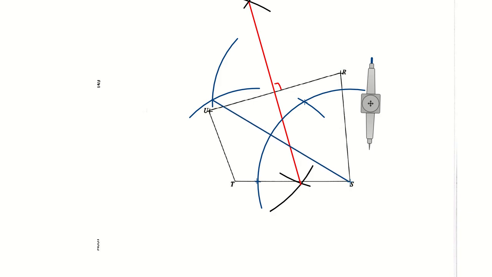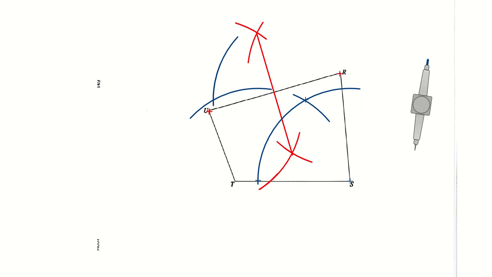So I know that L is going to be located, because they said LST, where it intersects that red line, which is your perpendicular bisector. So L is going to be here. From where it intersected to S, that is 30 degrees.